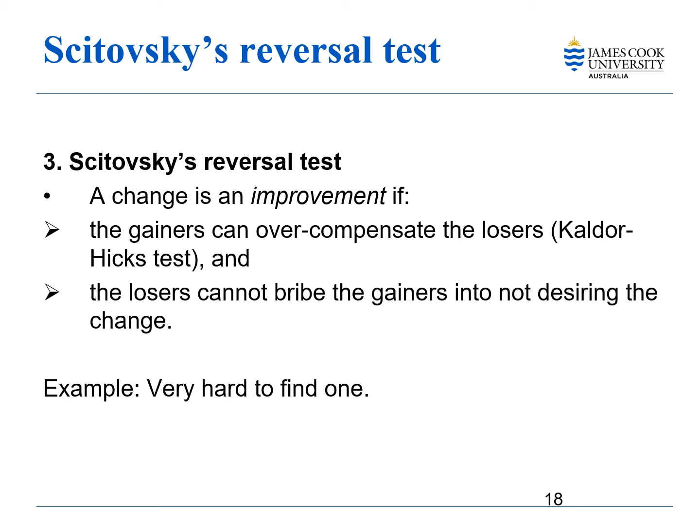In addition, the losers cannot bribe the gainers into not desiring the change. Okay, so this is one additional condition. So if a project passes these two criteria, we say that okay, it is good. It passed Scitovsky's reversal test. Okay, it's difficult to find examples.